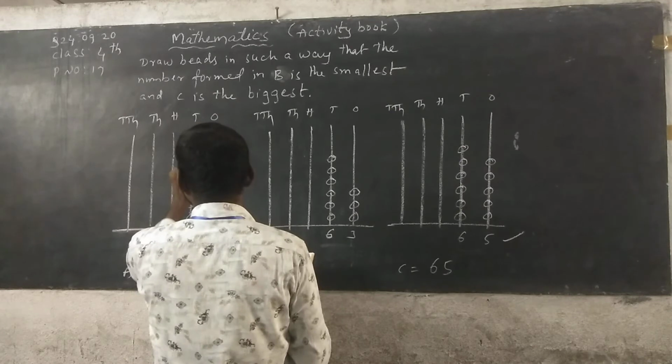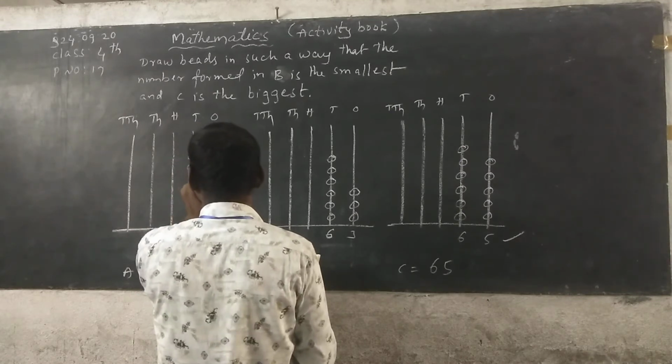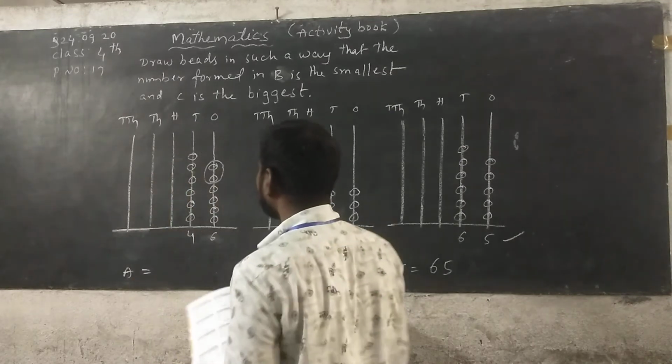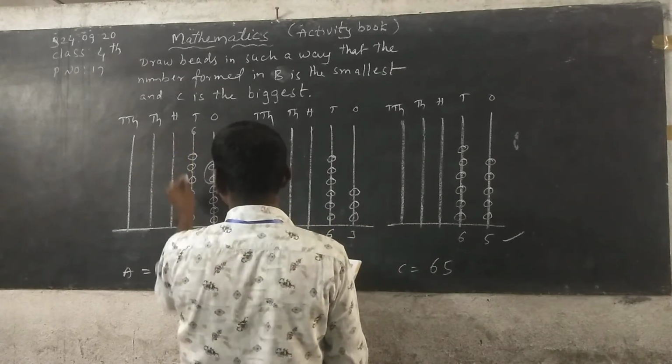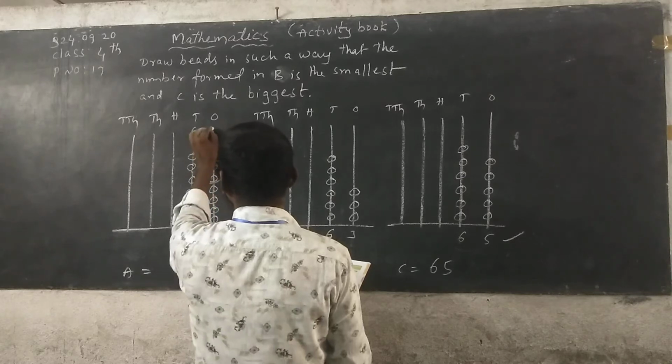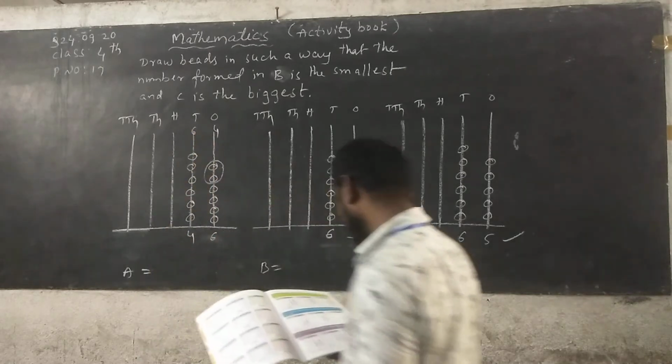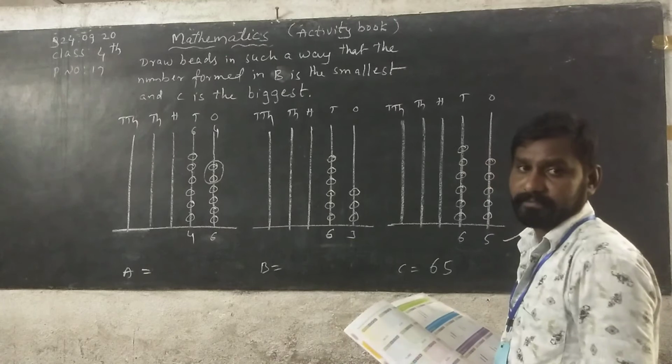See here. So what is the number? 1, 2, 3, 4, 5, 6. Here 1, 2, 3, 4. 64. Okay.